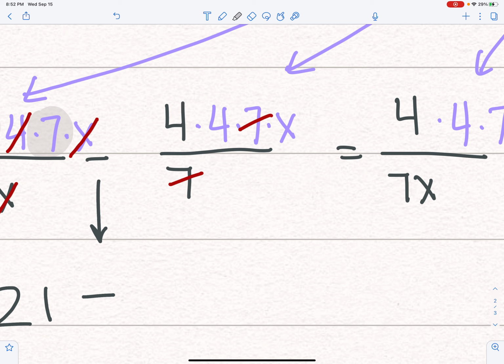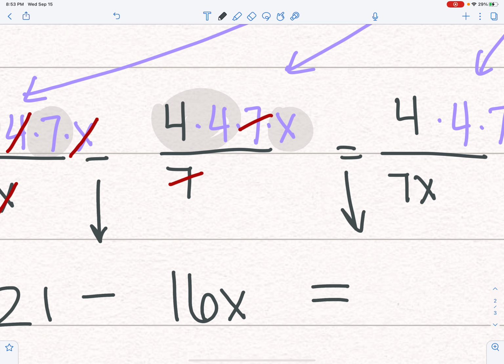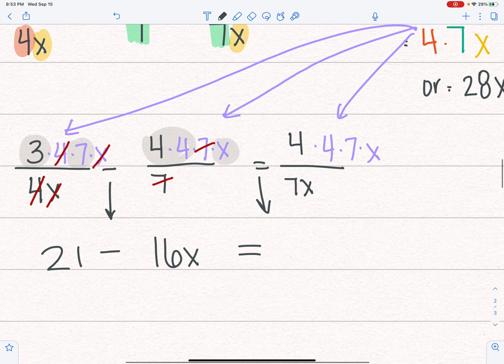So I'm left with 4 times 4 times x. And so that's going to give me 16x. Carry down my sign, equals. And then this last one, what's going to cancel? My 7 will cancel and my x will cancel. And so in this one, I'll be left with 4 times 4, or 16.